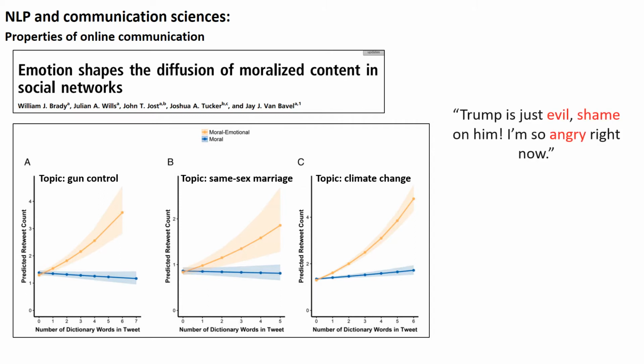I have an example here. Let's take the tweet, "Trump is just evil, shame on him, I'm so angry right now." The tweet contains at least three moral emotional words: evil and shame, which refer to what we think is wrong versus right, and angry, which has a strong emotional valence.